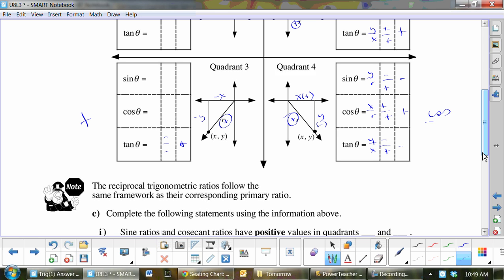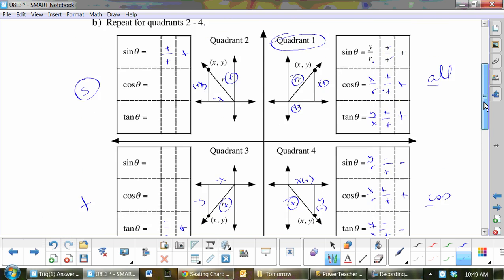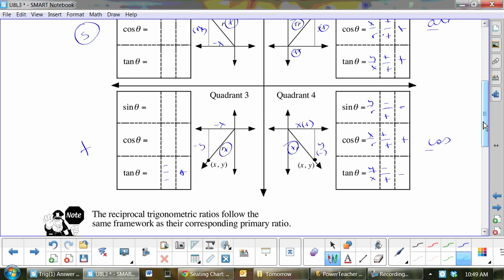Now, before we go on, the buddies all have the identical rules. Okay? So, in quadrant, let's do quadrant 4. Who is sine's buddy? Who's sine's buddy, you guys? No, who's the buddy? Cosecant. So cosecant would also be negative.